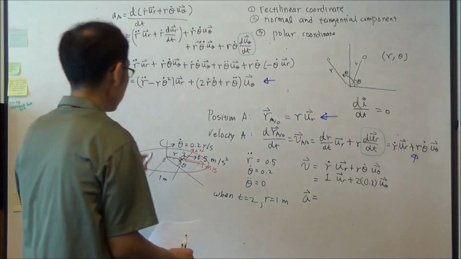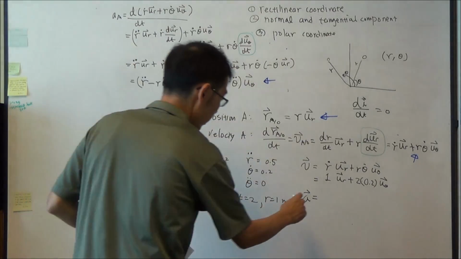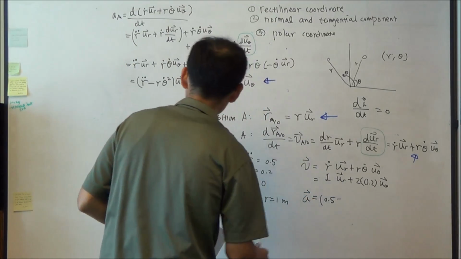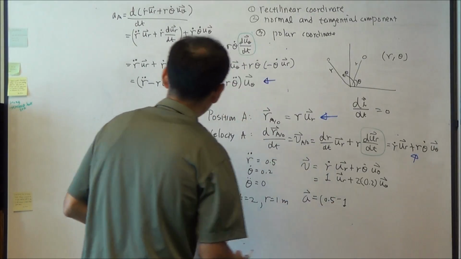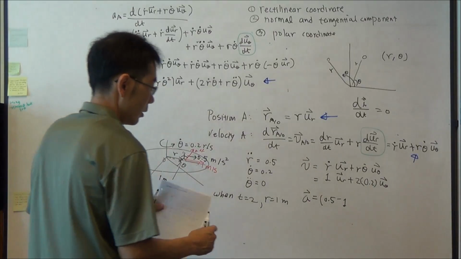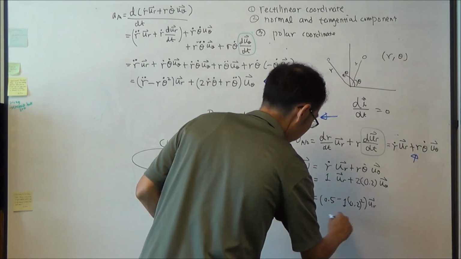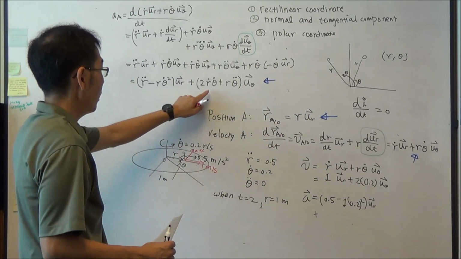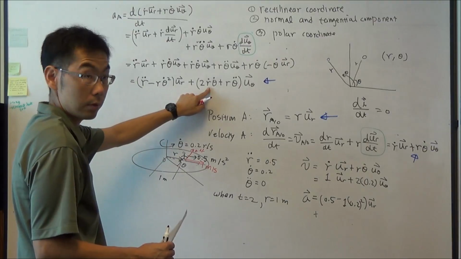So acceleration, I just use this one. Okay, r double dot. R double dot is 0.5 minus r, which is 1 meter, times theta dot, 0.2, squared, u_r, okay, plus, and r dot, we just got the r dot.